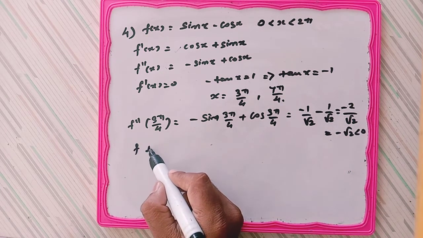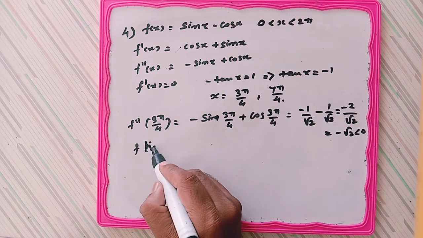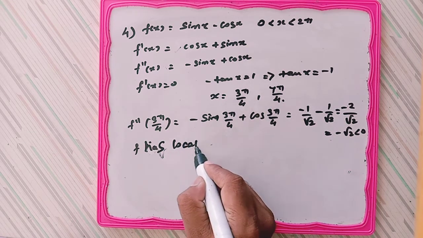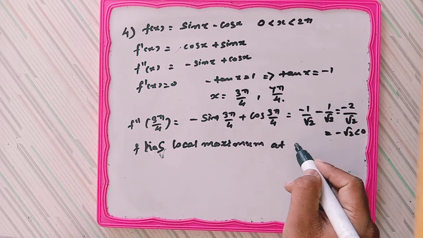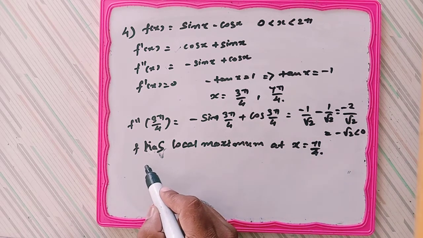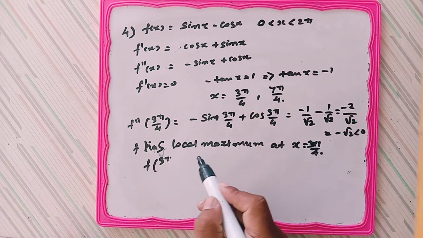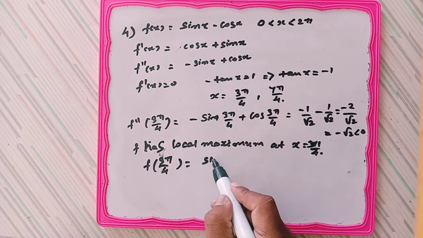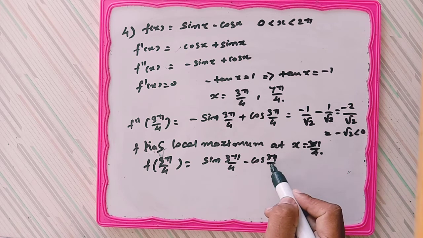So f has a local maximum at x equals 3 pi by 4, which is f(3 pi by 4) equals sin 3 pi by 4 minus cos 3 pi by 4.